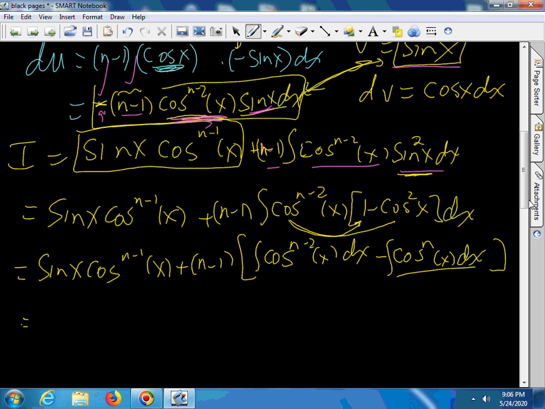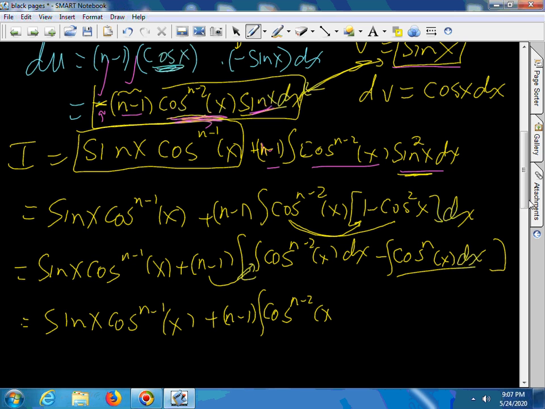Okay, so let's clean this up a little bit. Sine x cosine n minus 1 of x, you have plus n minus 1 times the first integral, which is this, or positive times the negative is negative, n minus 1 times this.